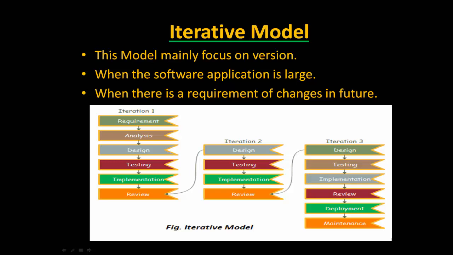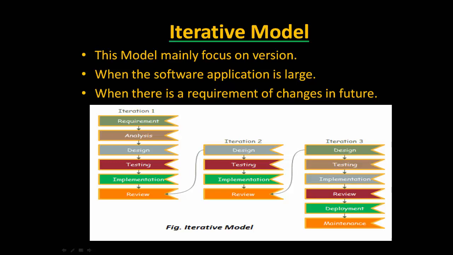In this model, we have iterative testing. Iterative means repeating in a loop, so if there are any new requirements, we keep on implementing them. It starts with the requirement phase, analysis, design, testing, implementation, and review.